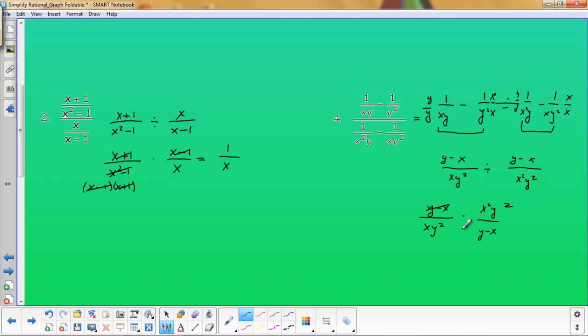Now I'm looking for my identical quantities. Those two are gone. The y squareds likewise will cancel out. This x will reduce the degree of this to 1, and because that's in the numerator, the solution to my problem is x.